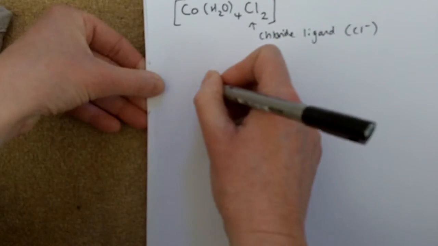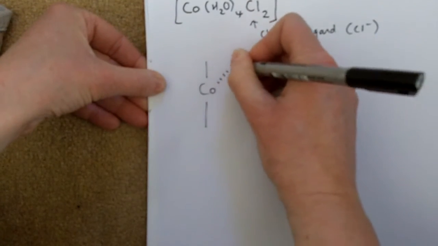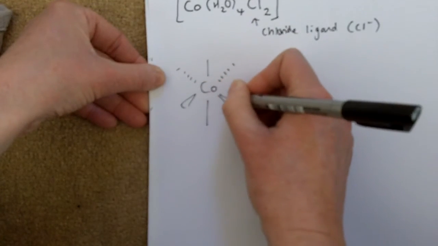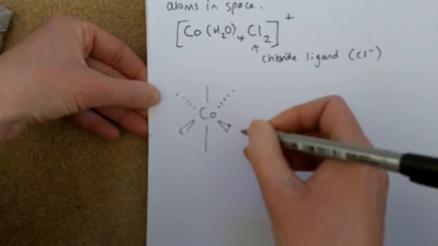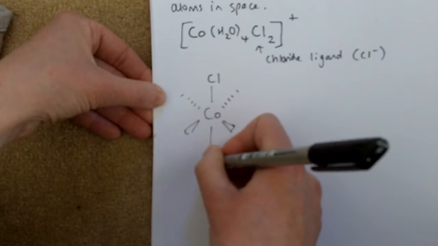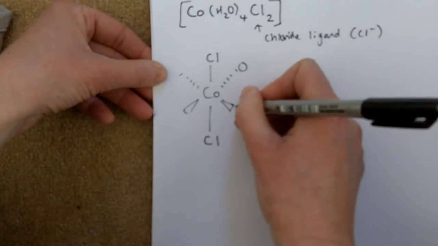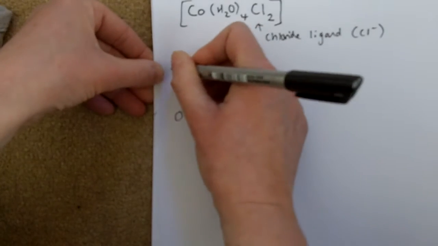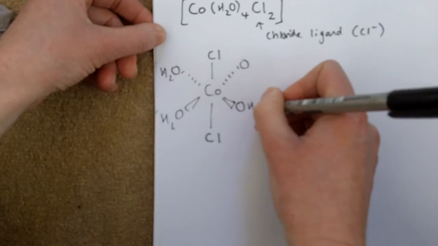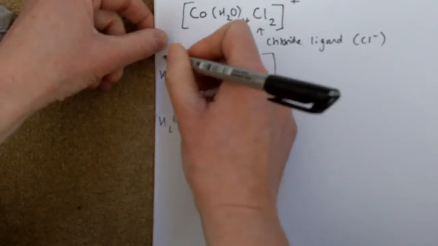So you have your octahedral shape, dash going back into the paper, wedge sticking out, 3D. So if you have your chloride here and your chloride there, and then your water, the oxygen is the bit that's bonded.